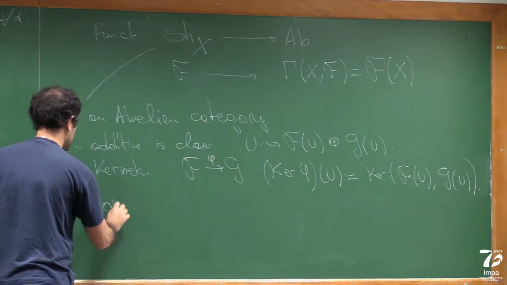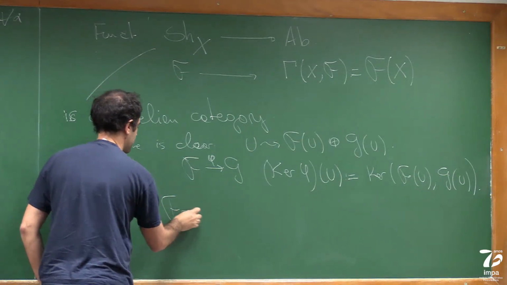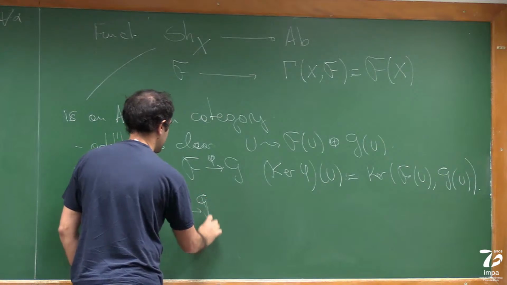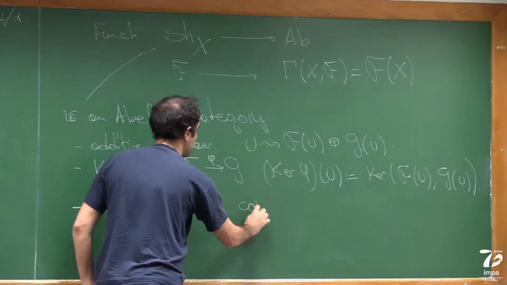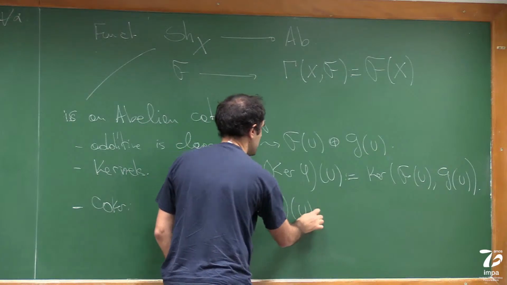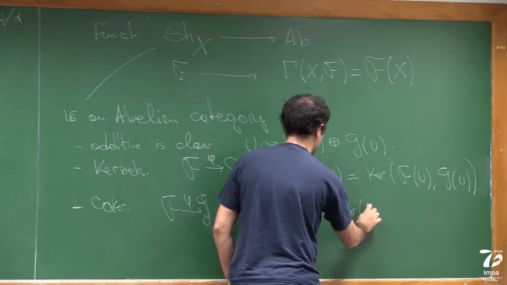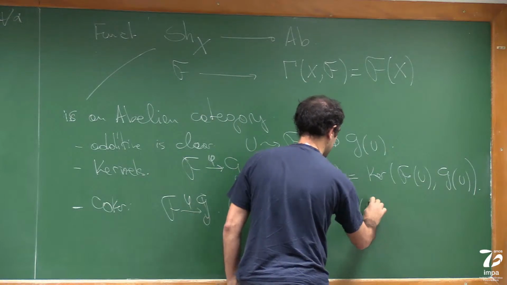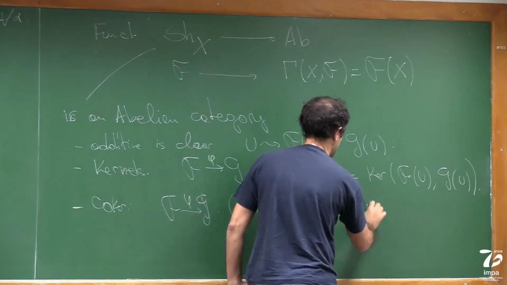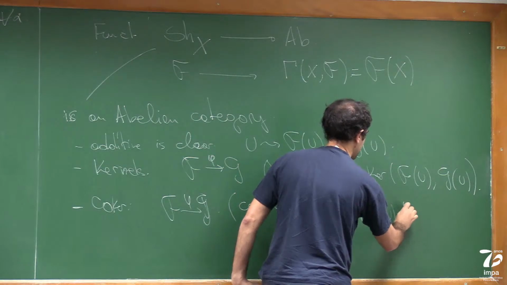For cokernels, you try the obvious thing, which is: if you give me some phi like this, then you want to define the cokernel of phi evaluated at U to be the cokernel of this map from F(U) to G(U).